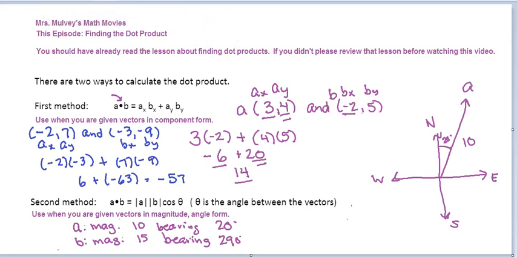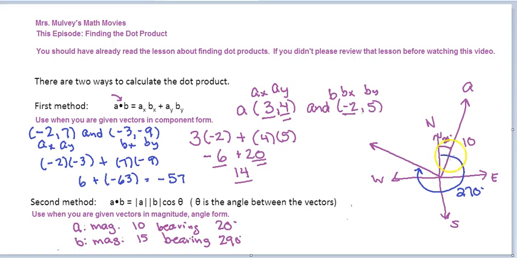And so when I measure from due north, 290 degrees, from here to here is 90, then another 90 makes it 180, and then another 90 to there. We're at 270 degrees now from due north. I need to go another 20 degrees to get to 290 degrees.